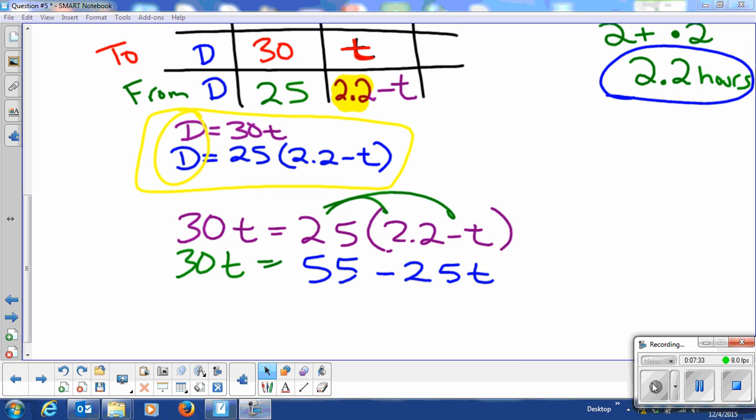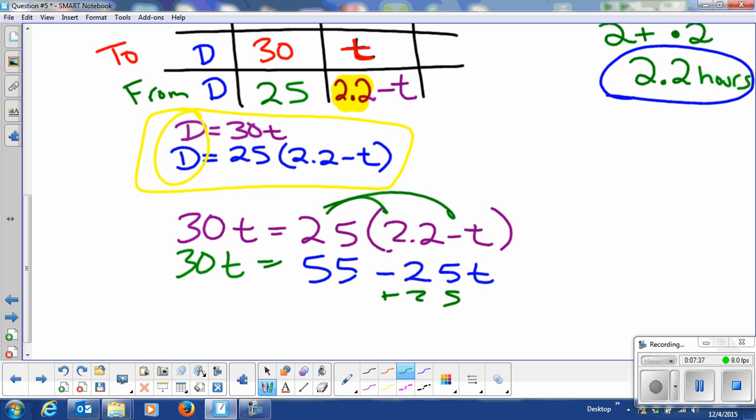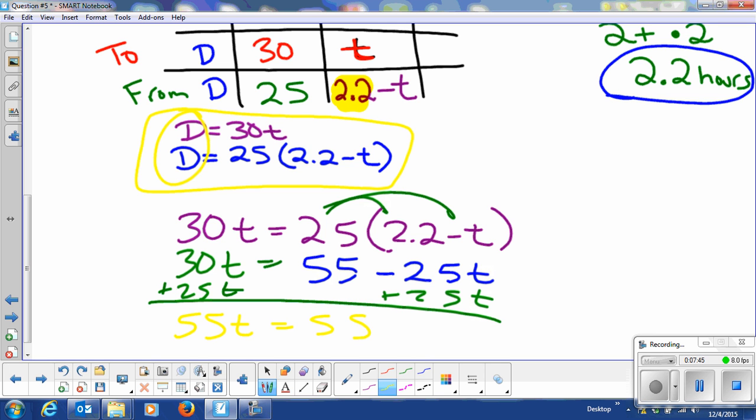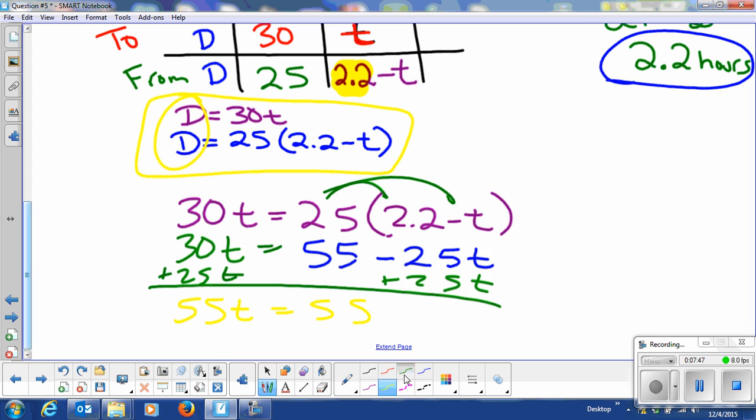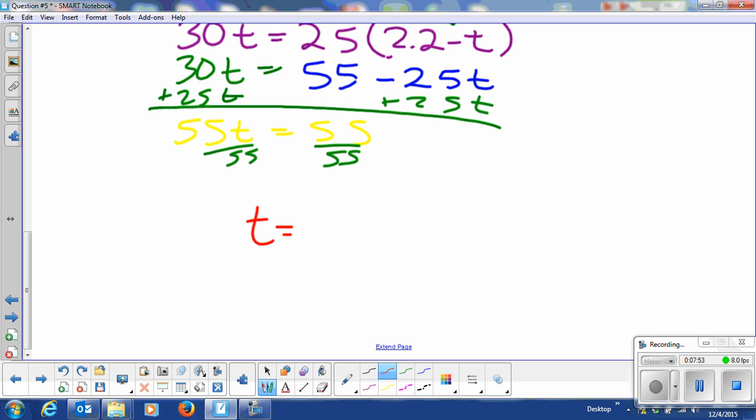All right, so now to finish solving this out, I am going to add the 25t to both sides. And that's going to give me 55t equals 55. So then I'm going to divide by 55. And I get that t equals 1.